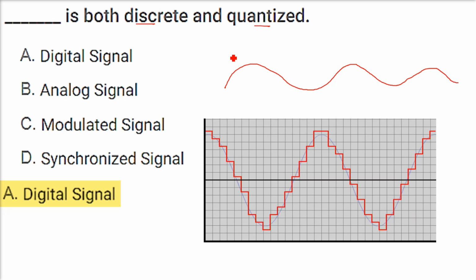Now the computers and everything in the digital scenario only understand the ones and zeros. So what we do, we take some samples from this blue line. When we take the sample, it can be any value, because there is a sine wave and it only takes maximum value and minimum value.